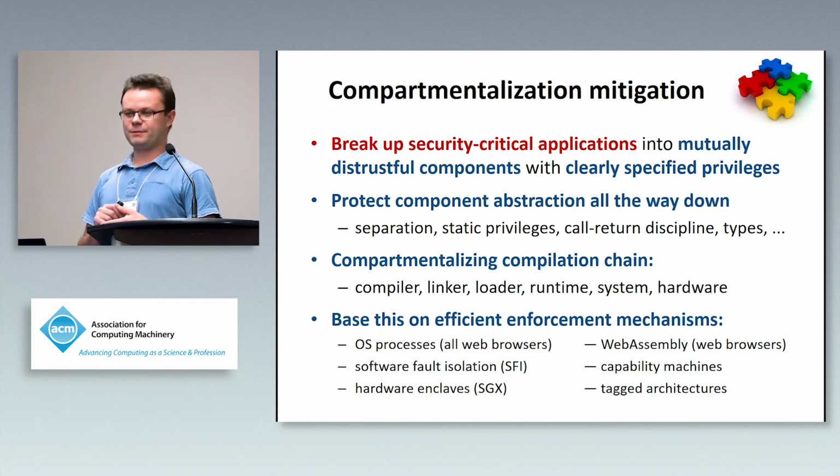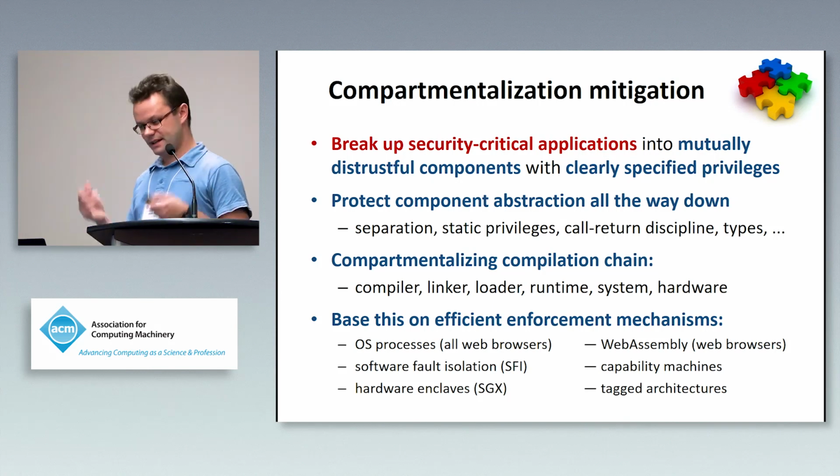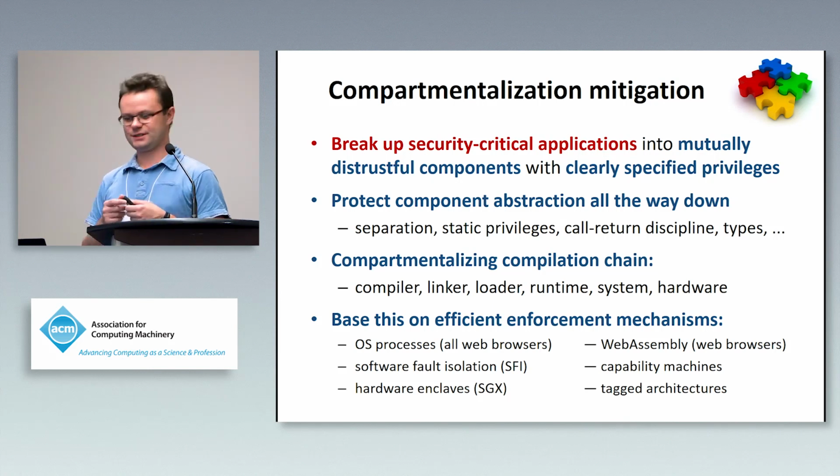This is, for instance, what web browsers do with plugins or with tabs today. Other techniques include software fault isolation, where you get finer granularity, hardware enclaves, WebAssembly modules, capability machines, tagged architectures. There are many ways you can enforce this.